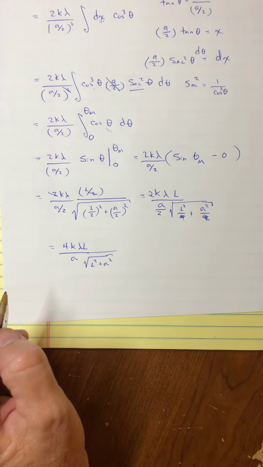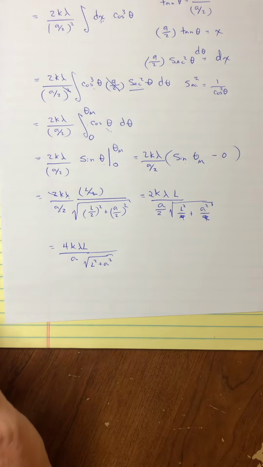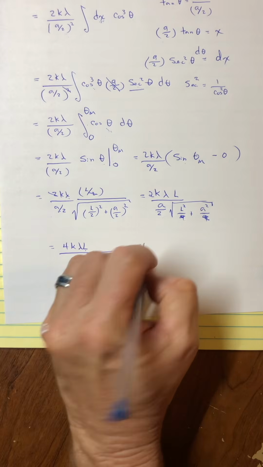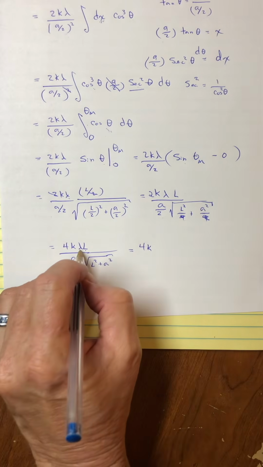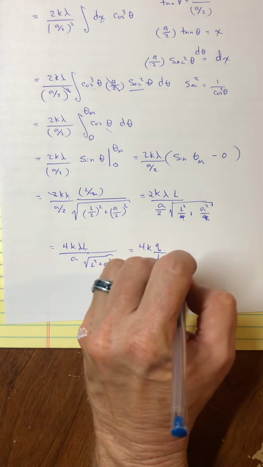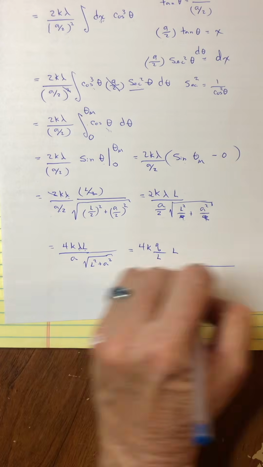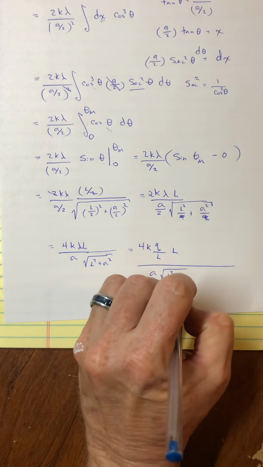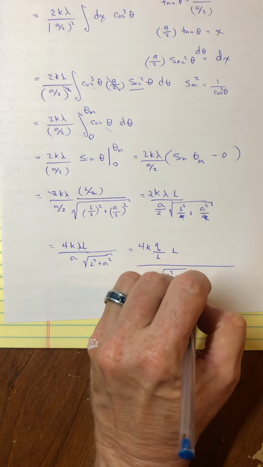Whew. Okay, well, if you're still hanging with me now, I think we are finally there, because I can do, I guess, one more step for K, and in place of lambda, I can put Q over L. And then, of course, it's multiplied by L, and then all of this is A over the square root of L squared plus A squared.